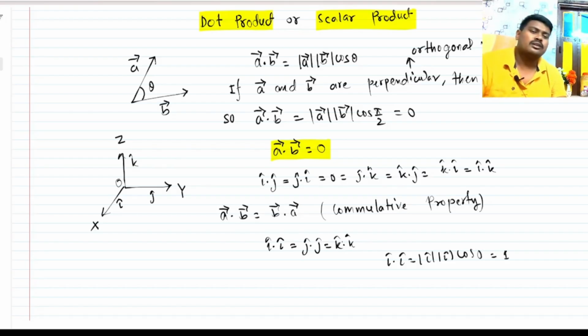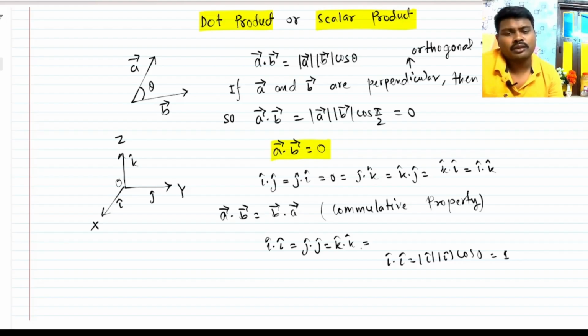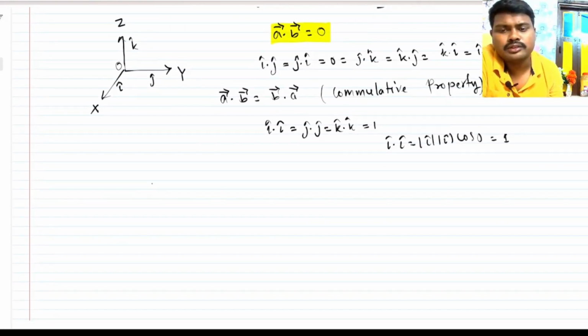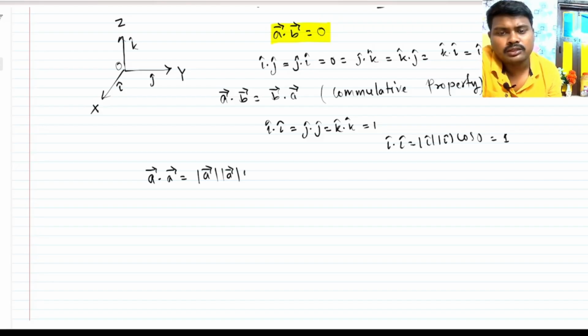In a similar manner, you can prove that j cap dot j cap and k cap dot k cap are equal to 1. Also, one thing we always remember is that A vector dot A vector means mod A squared cos 0, that is A dot A equals mod A square.